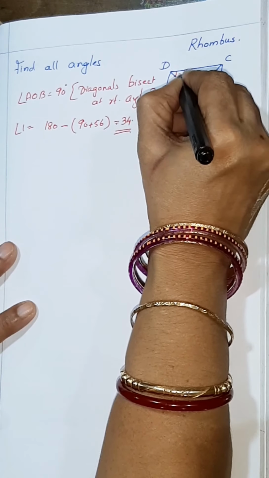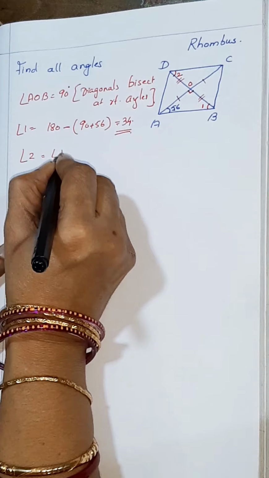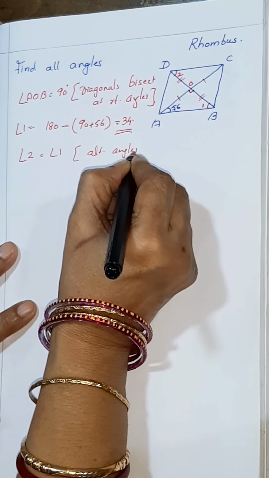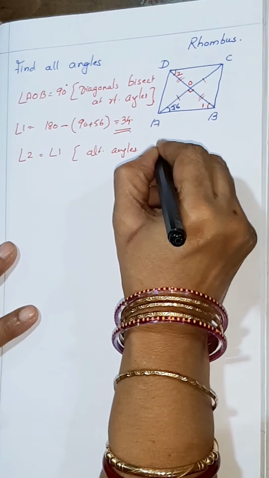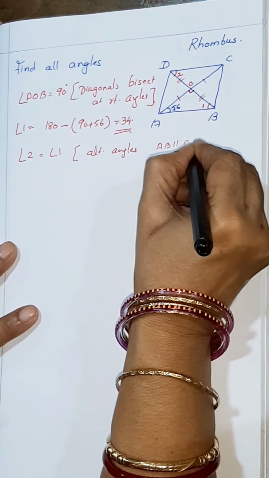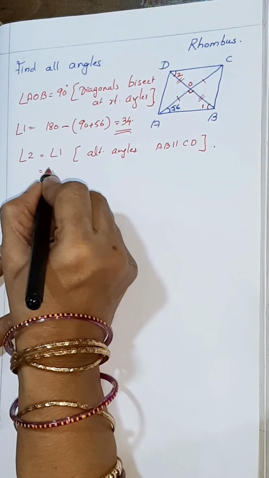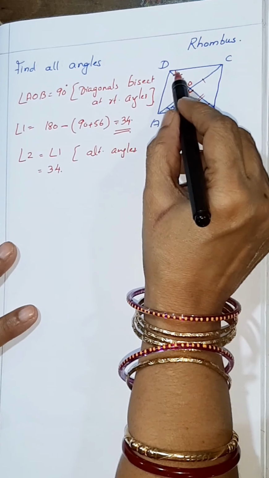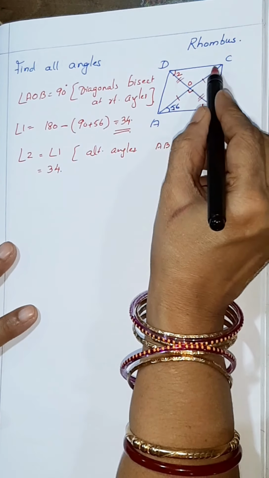So this is 34. Now we can find this angle. Angle 2 is equal to angle 1, alternate angles, AB is parallel to CD. So angle 2 is equal to 34. Now this is 34 and again this is 56.